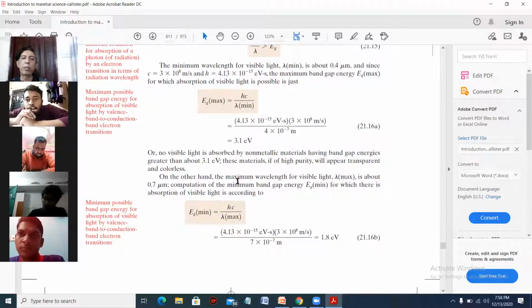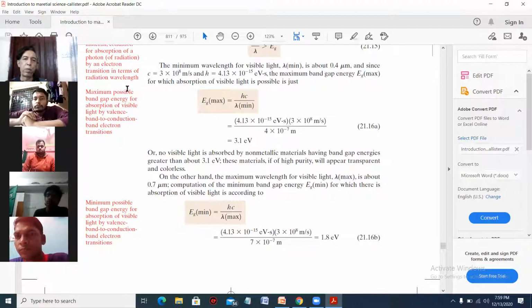On the other hand, the maximum wavelength for visible light is about 0.7 micrometer. Computation of minimum band gap energy for which there is absorption of visible light gives 1.8 electron volt.